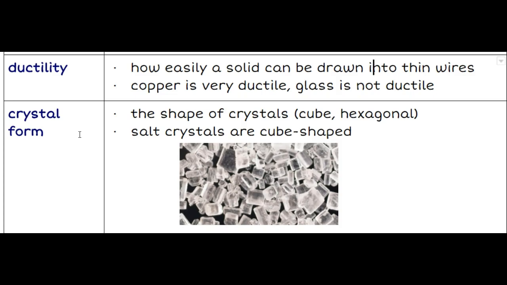So the crystal form, it turns out when you have a liquid that slowly solidifies, depending on the liquid that is, it will sometimes form crystals, and those crystals can have different shapes. So it might be important if you're examining a solid to distinguish it from another solid that looks a lot the same by looking at its crystal form.